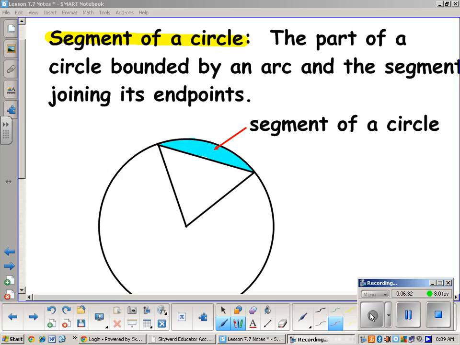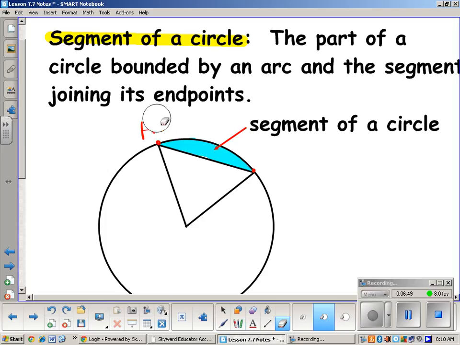So a segment is a part of the circle bounded by an arc and the segment joining its endpoints. When I say a segment joining its endpoints, I mean this is arc AB, and so the endpoints of arc AB are A and B, and if I join them with this segment, then this segment of the circle is considered to be this area right here that's in blue or aqua.